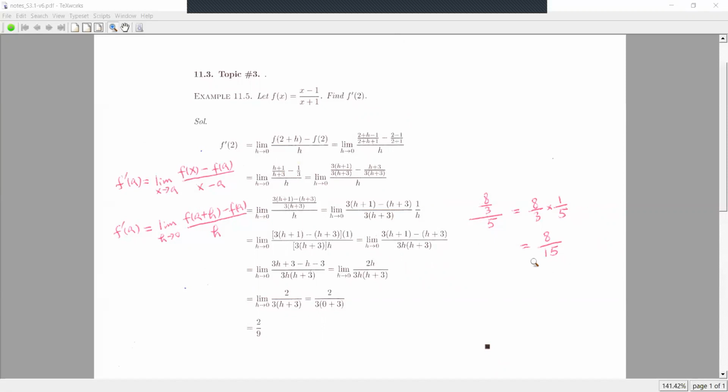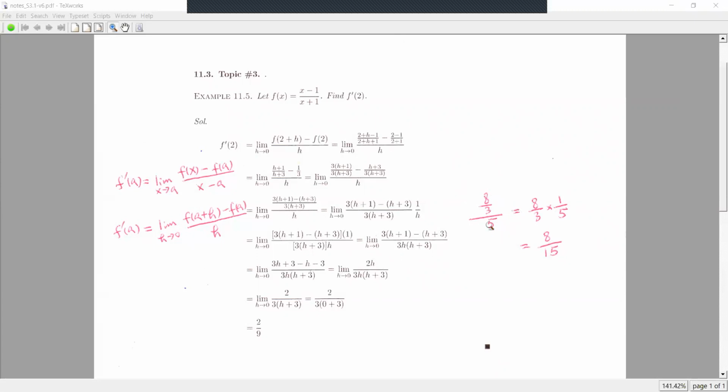Here is one example. 8 over 3, this fraction divided by 5. I can write this number as the fraction times 1 over 5. It is 8 over 15. You can have a check with your calculator.